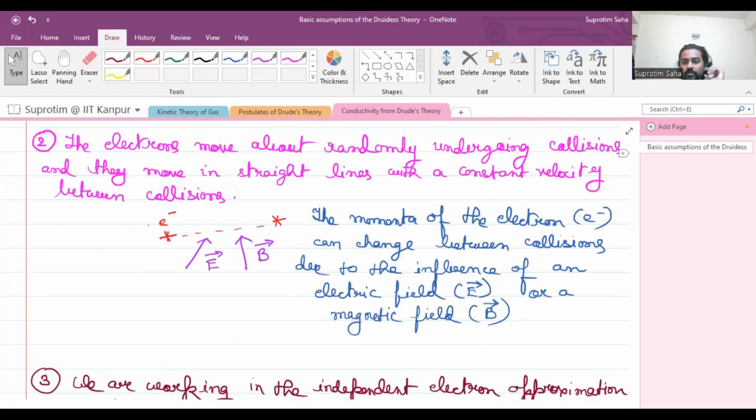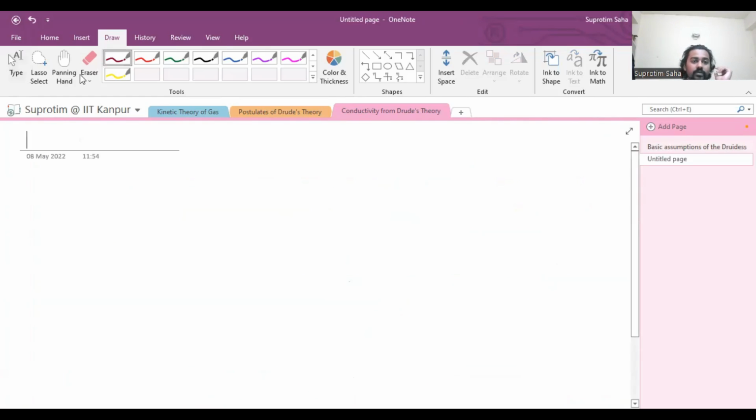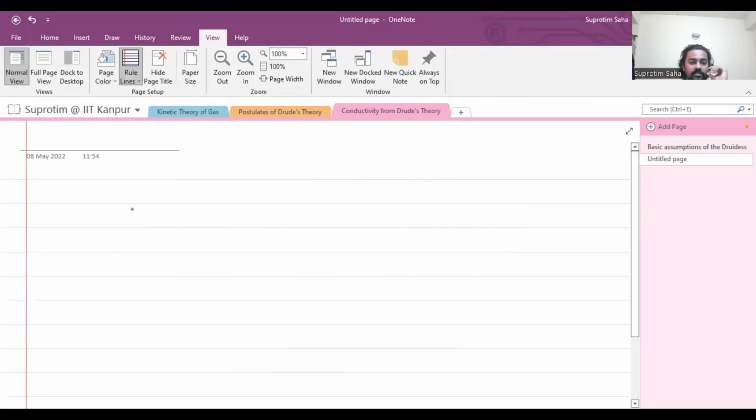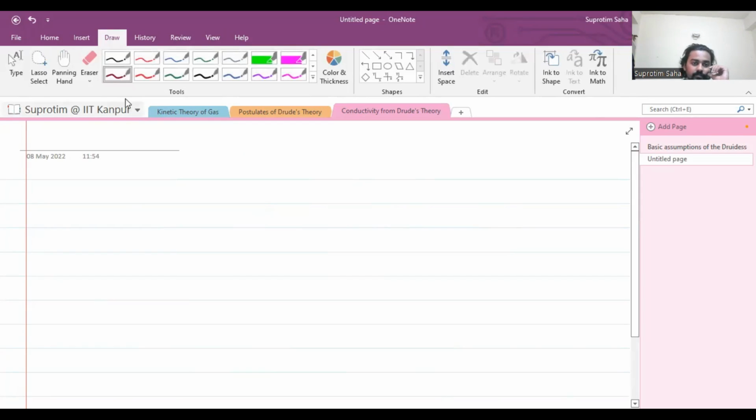Now we ask the question: can we find the momenta at a later time t plus dt from a current time t? We ask what is the momentum at a later time dt from the current time t.